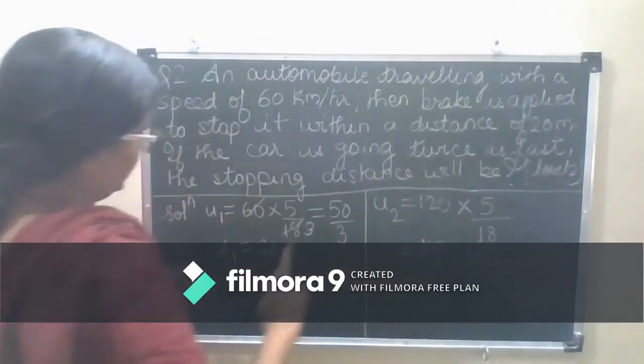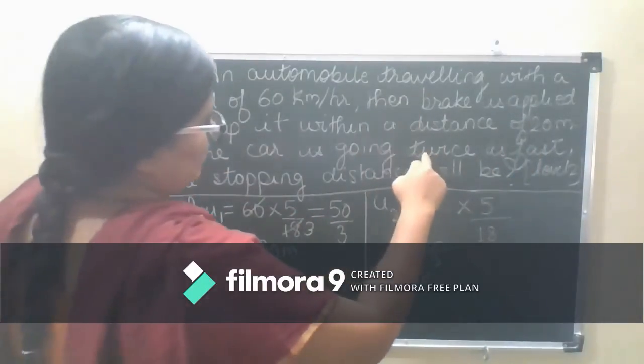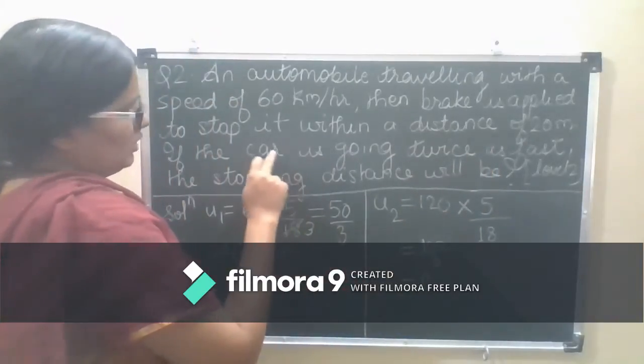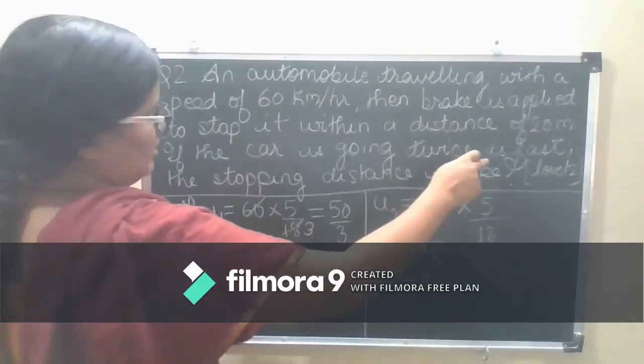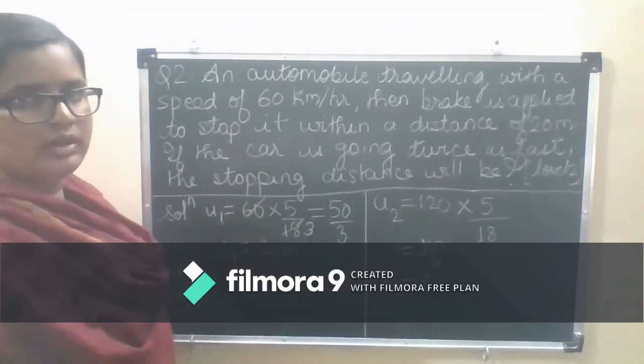If the car is going twice as fast, we have to calculate the stopping distance.